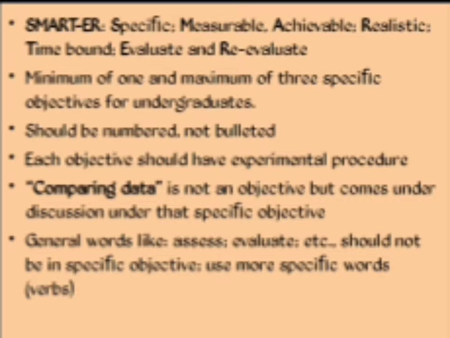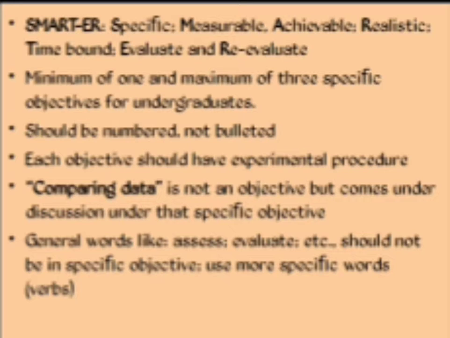You're given limited time, you cannot do too much, and in most cases some of these objectives are long-term. You find an objective that will actually take you 3 months to attain.